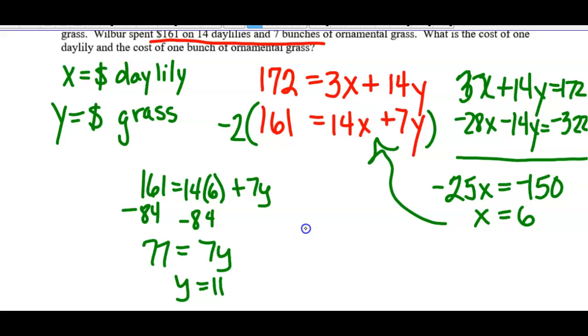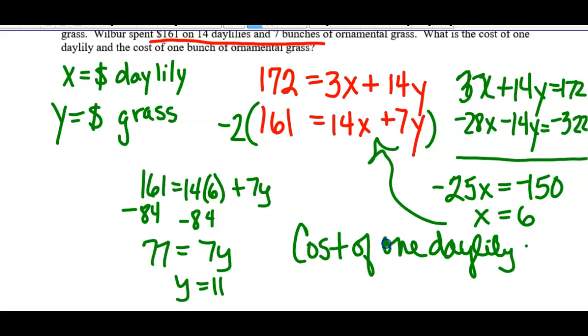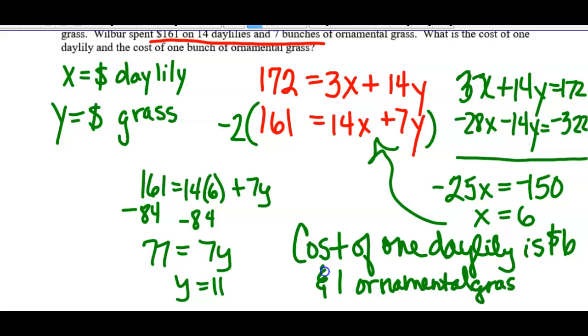You would say cost of one daylily is $6 and one ornamental grass is $11. All right.